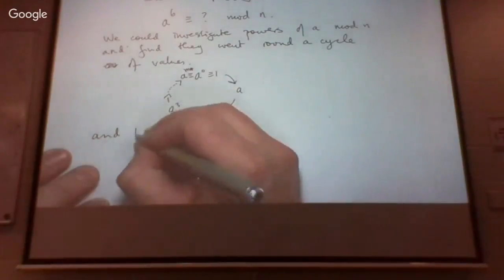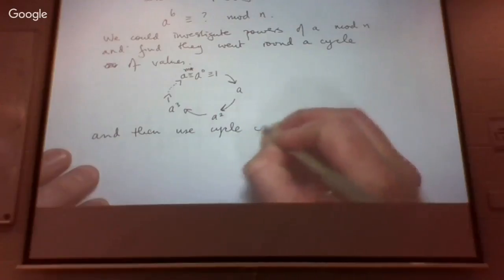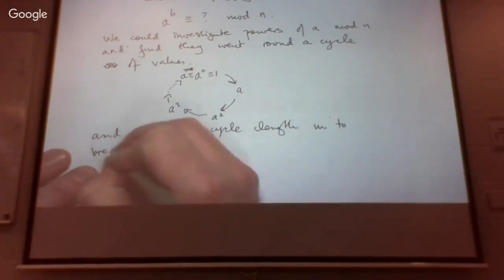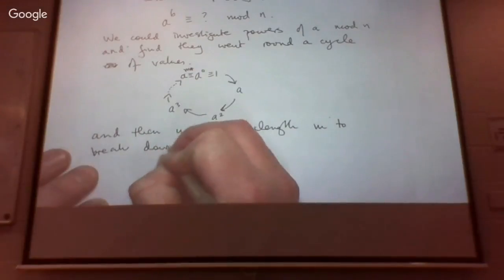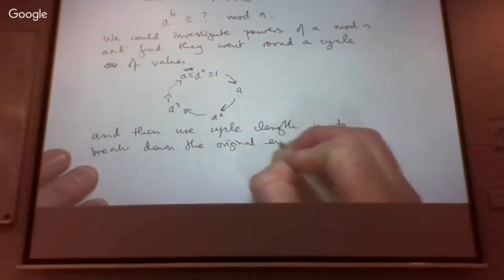And then we could use the cycle length m to break down the original exponent b.